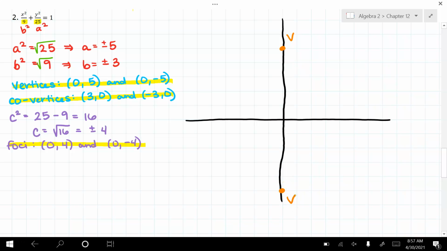Okay, and again, that's because it's being stretched over the y-axis this time. That major axis is vertical. Co-vertices are 3 and negative 3. Okay, remember our center is in the middle there. You can go ahead and draw the ellipse in now.